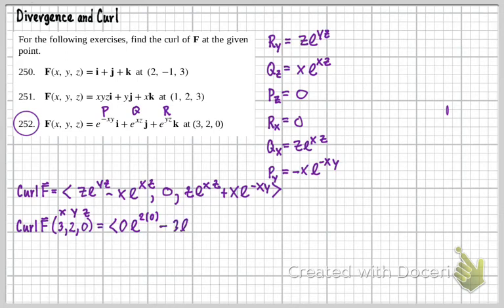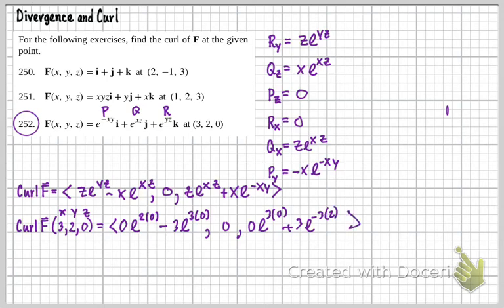Minus 3e to the, x is 3, and z is 0, comma, and that's 0. And then comma, my z is 0, e to the 3 times 0, plus my x, which is 3, e to the negative 3 times 2.